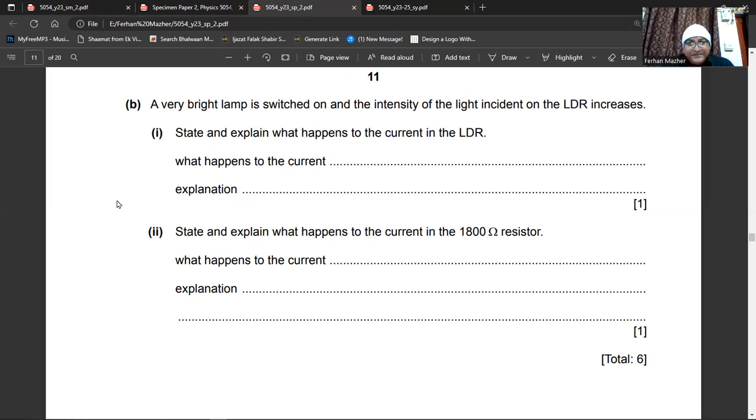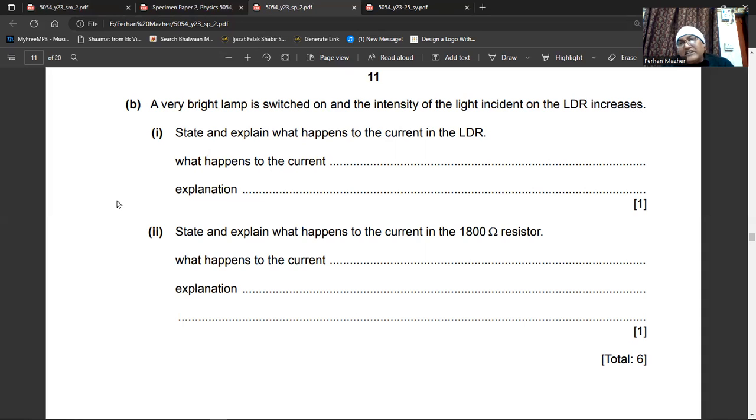That's the explanation. And in the second part, he says, state and explain what happens to the current in the 1800 ohm resistance. This is very important. Try to understand. You see, 1800 ohm is connected parallel to the battery, plus it is connected parallel to the LDR. Because it's a fixed resistor, its resistance will not change.